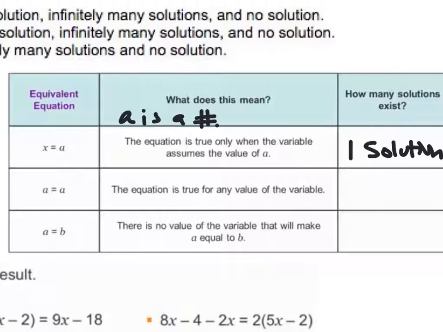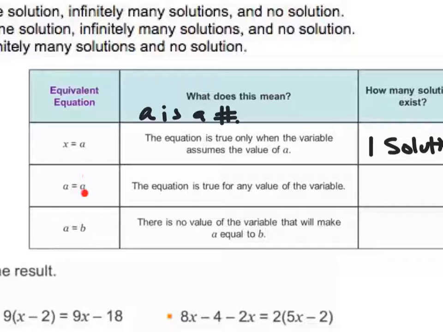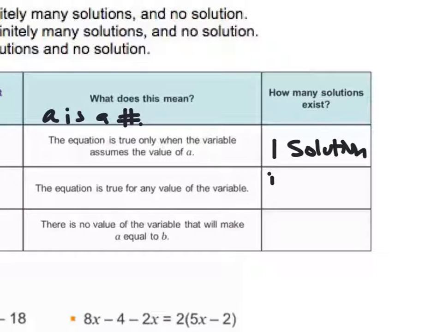If you solve an equation and all of a sudden your variable terms get eliminated and you get a true statement, like a equals a, where the equation is true for any value of the variable, this means that you have infinite solutions.